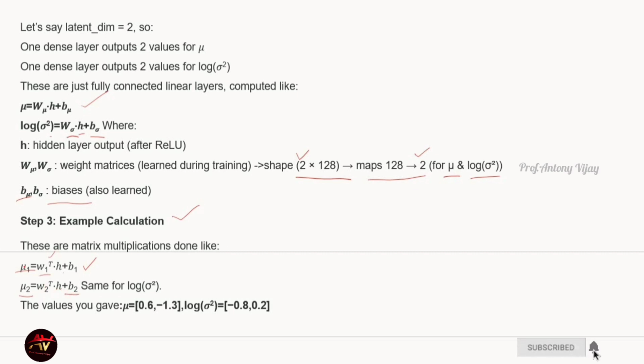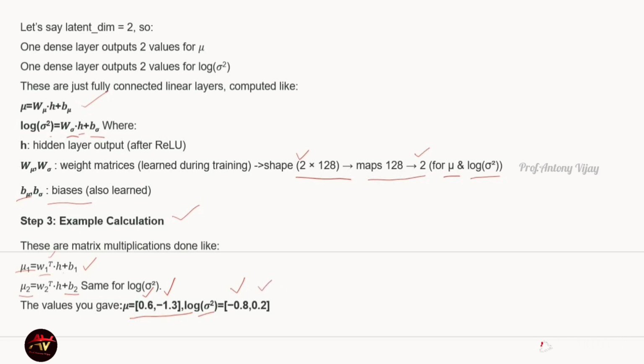Through this we get example values: the value for mu is 0.6 and minus 1.3. Then the sample values for log sigma square are minus 0.8 and 0.2.